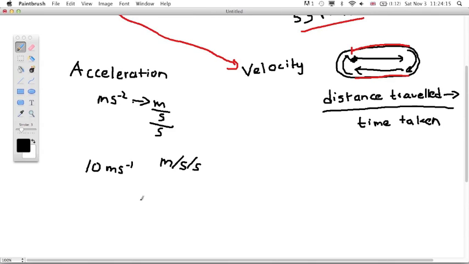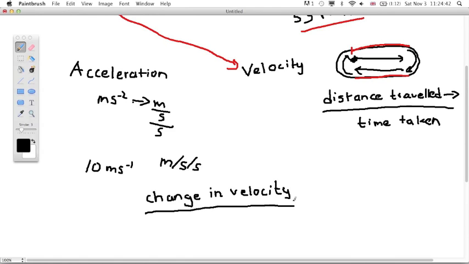And the formula for that is acceleration is the change in velocity over the time taken for that change to happen. Obviously, this can be a negative change as well, but then it's called retardation. I'll get to that later. So the time taken for this change is a second.